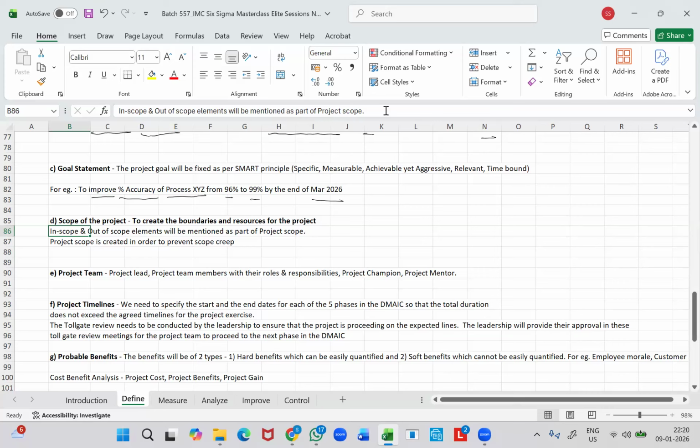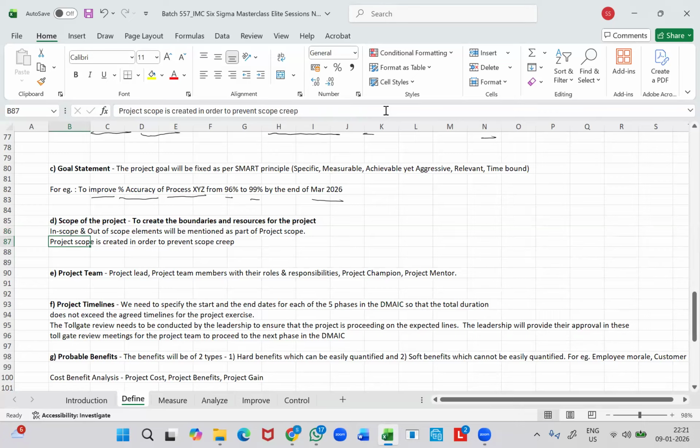So obviously, we need to mention the names of these sub-processes that you are planning to keep out of scope as far as the project is concerned, right? So that's very, very important. Without feeling lazy, we need to mention the names of all the sub-process areas which are going to be kept out of scope as far as the project is concerned.